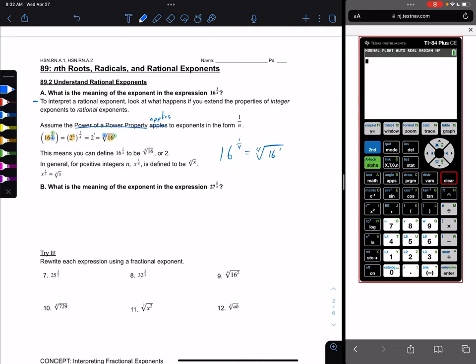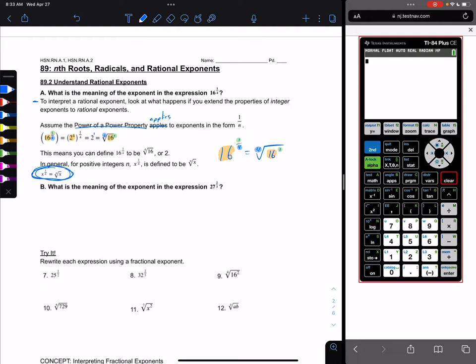There's one other way we can write this, and I'll show you in part B, but for now, just know that the denominator becomes the index, and our 16 becomes our radicand, with the numerator as the exponent on the inside. The actual expression for that, or the formula, would be this right here.